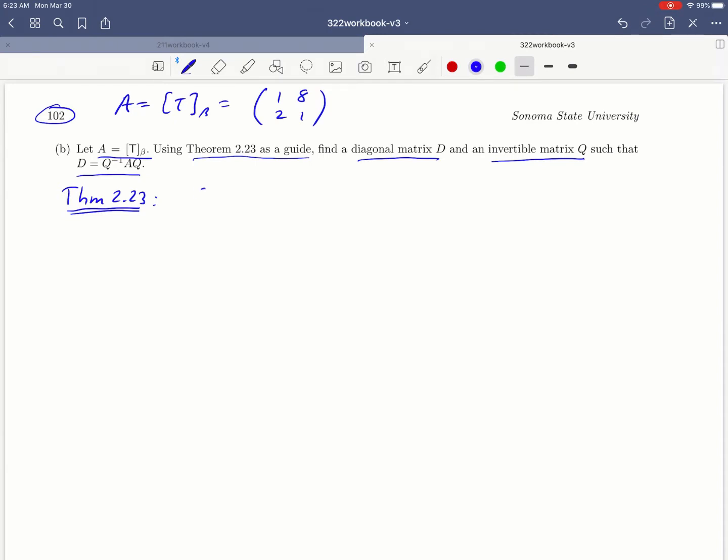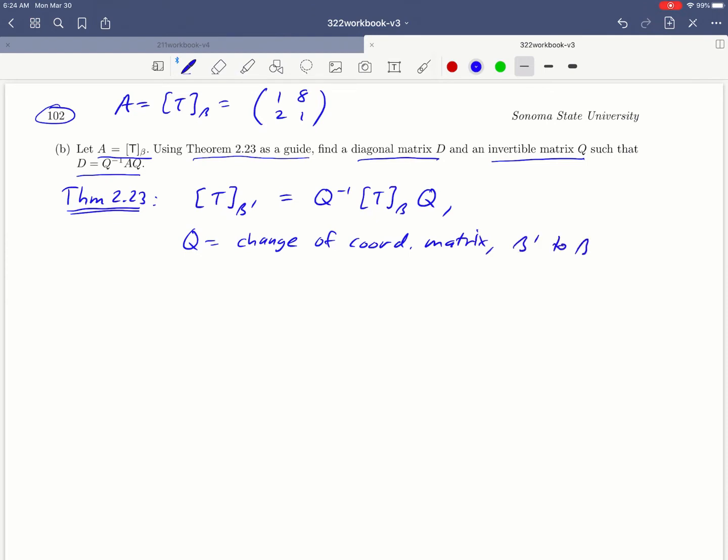And here's what it said, basically: if there's a second basis beta prime for our vector space, then the matrix of T relative to beta prime is equal to Q inverse times the matrix of T relative to beta times Q, where Q is the change of basis matrix, where we're going from beta prime to beta coordinates.